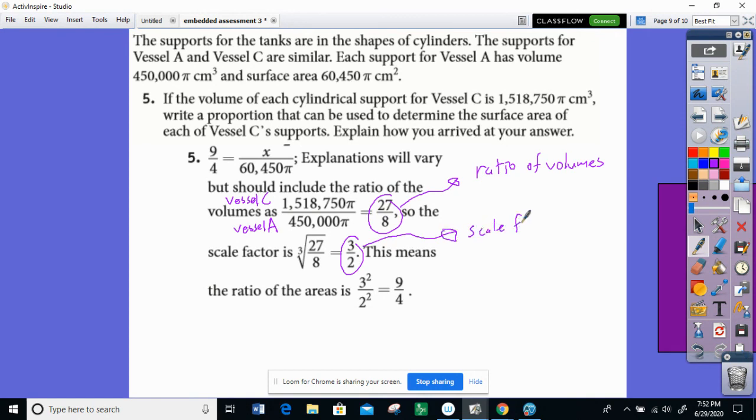And now we know that if we know the scale factor, we can square that scale factor, and that'll tell us the ratio of the areas and also the ratio of the surface areas. So this right here is the ratio of the surface areas. And since we know the surface area for vessel A, we can drop that underneath, and then if we solve this proportion for x, it'll tell us the surface area for vessel C.